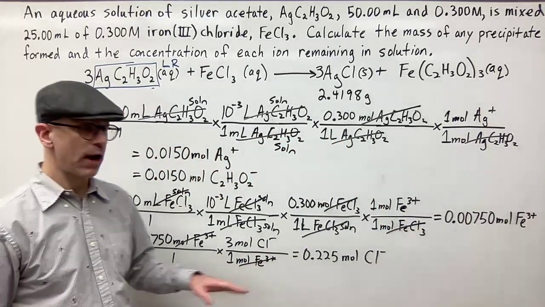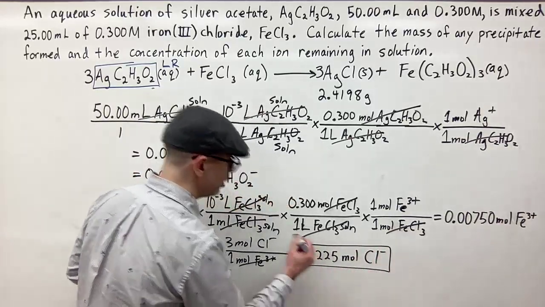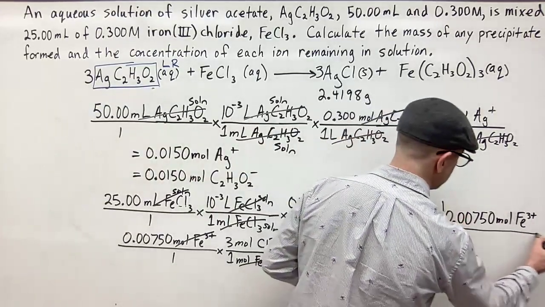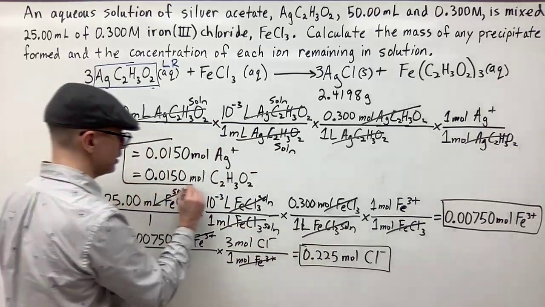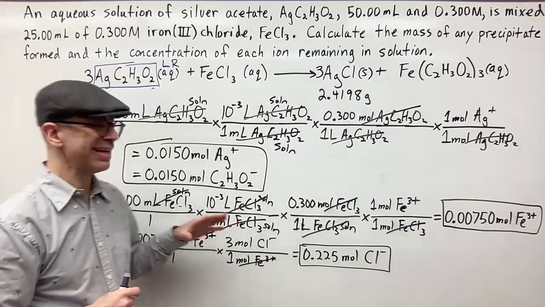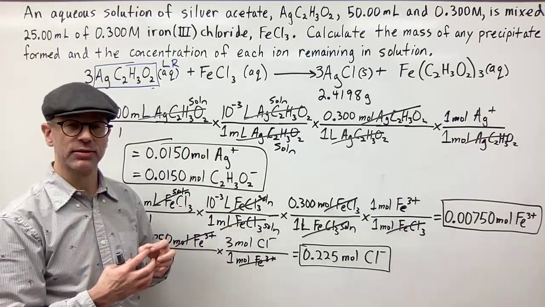Okay, so I've got my chloride ion amount here. I've got my iron ion amount there, and I've got these amounts here. So now I have the amount of each ion before the reaction.